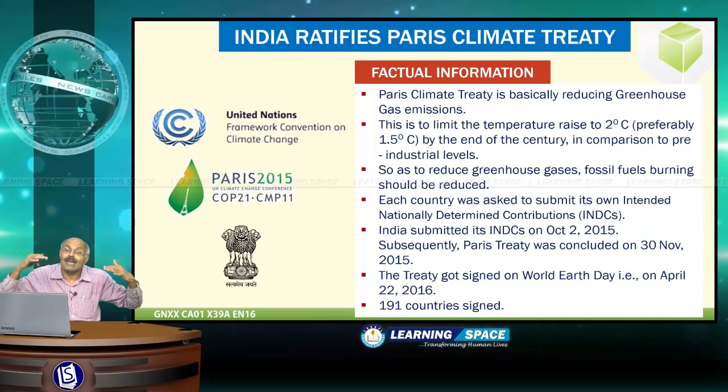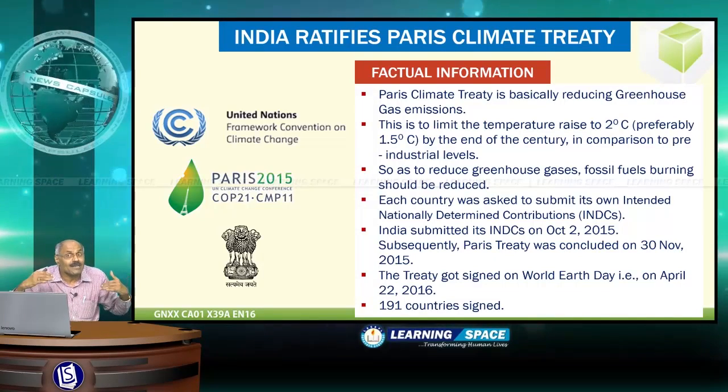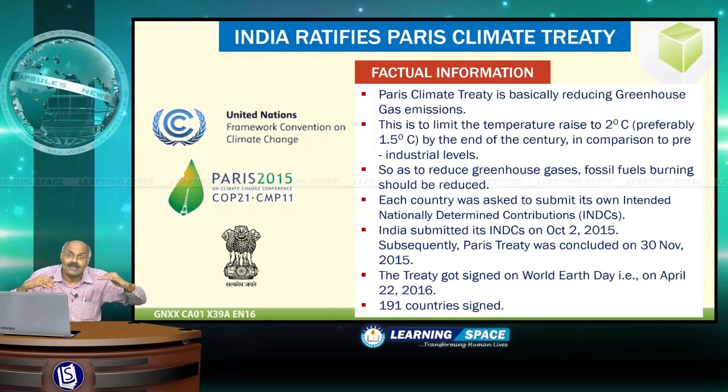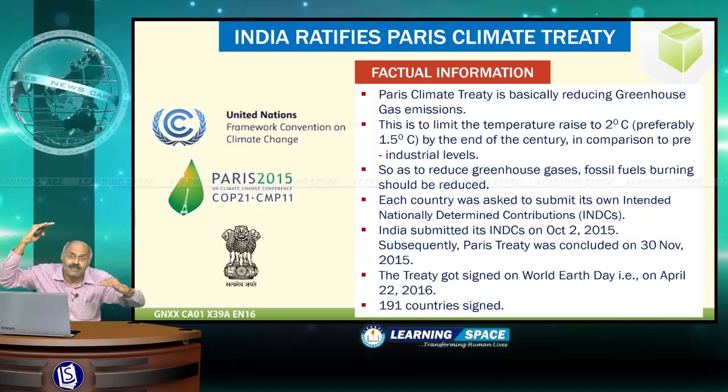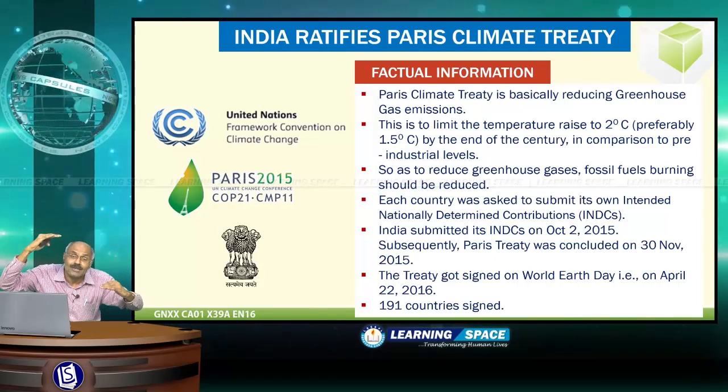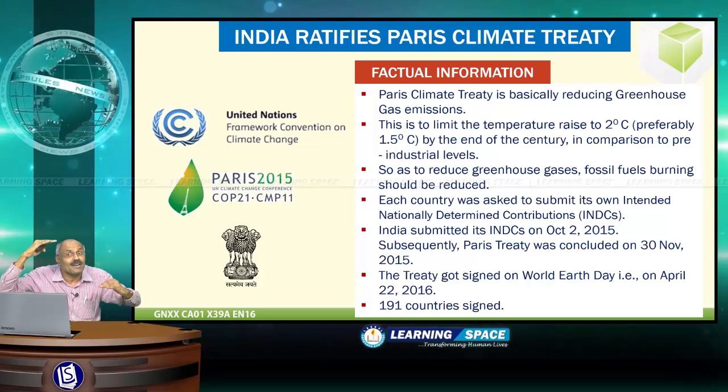That means the temperature rise in comparison to pre-industrial levels in the year 1750, when you compare now by 2100, it should not rise by more than 2 degrees centigrade, preferably 1.5 degrees centigrade.